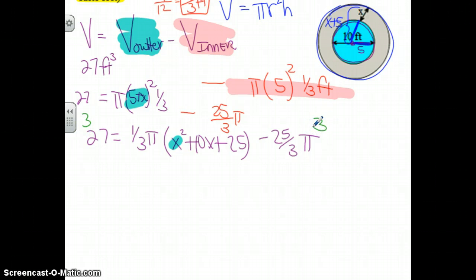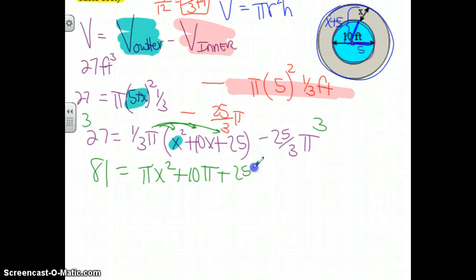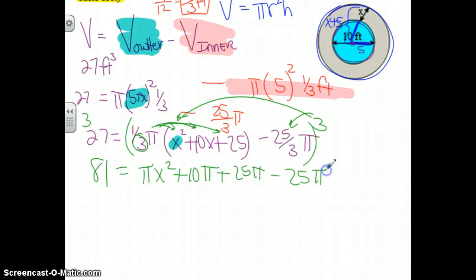So over here I'm going to get 81 is equal to, distributing at the same time, pi x squared plus 10 pi plus 25 pi, because my 3's will cancel here. Multiply that by 3, both sides, the 3's gone, minus 25 pi, because this 3 will also cancel here.